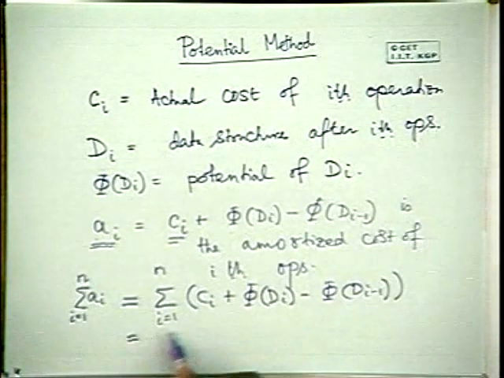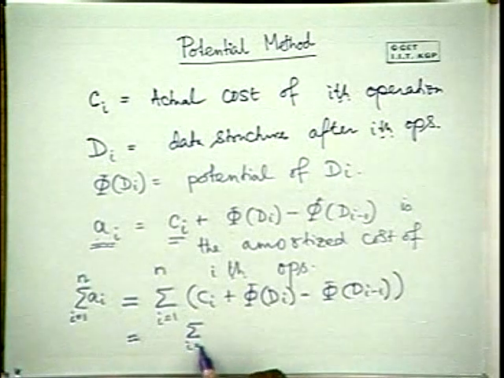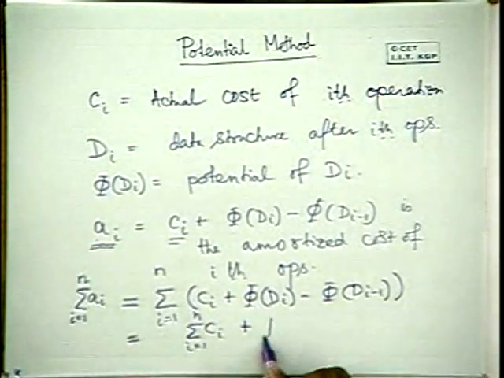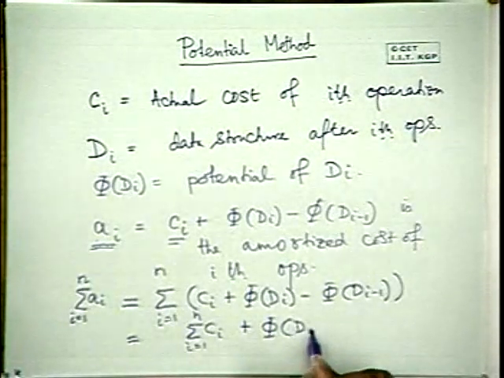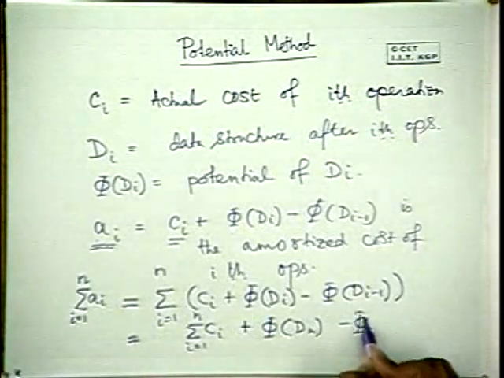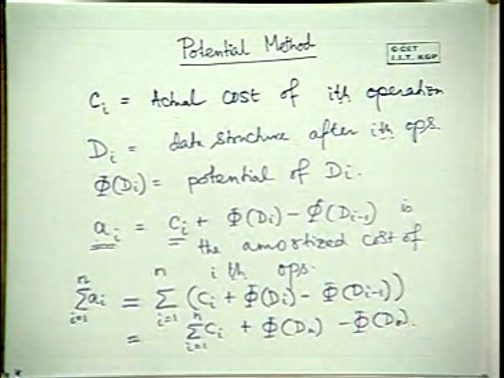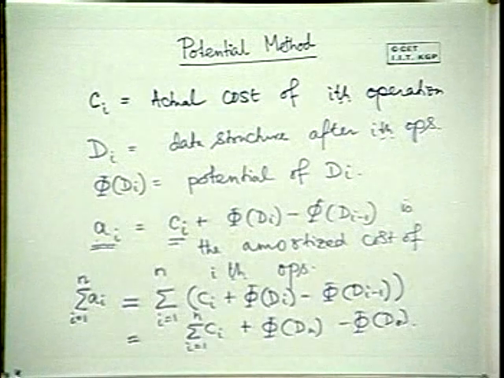And if I manipulate a little bit, this is the summation of Ci plus phi of Dn minus phi of D0, because all the other Di's cancel out.